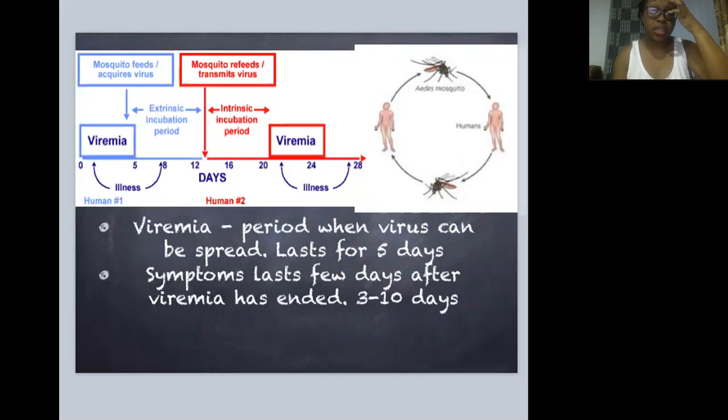So this is just a little schematic showing the period of the transmission of the disease. So it starts with the mosquito, and then the infected human proliferates the virus within its blood. So that's called viremia, which means the virus is in the blood of the infected human.